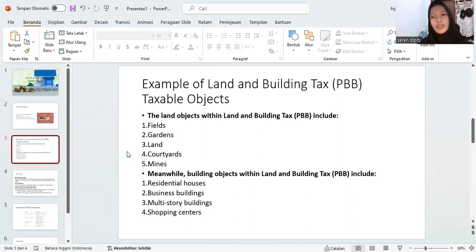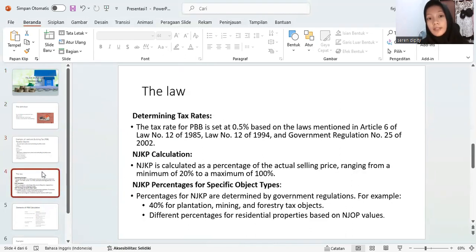But for regulation, there's a law for it. There are tax rates determined by the government. The tax rate for PBB is set at 0.5% based on Law number 12 of 1985, Law number 12 of 1994, and Government Regulation number 25 of 2002.